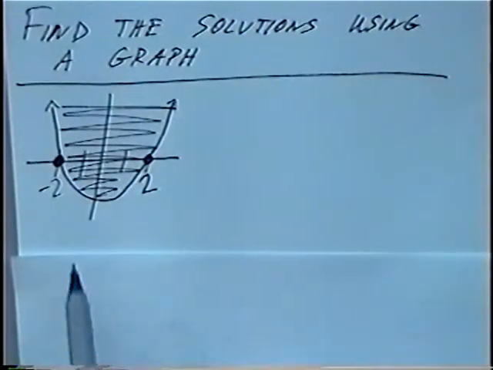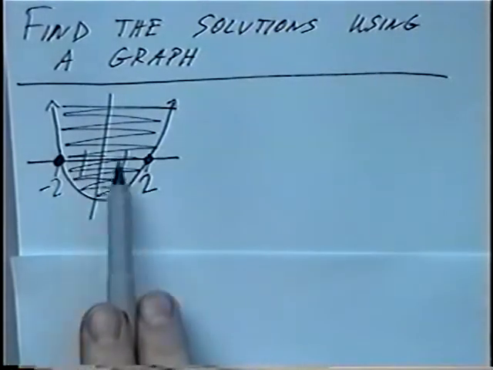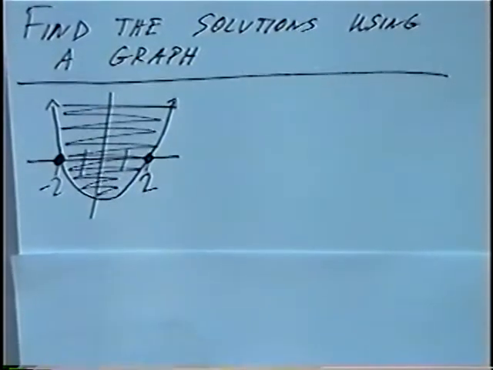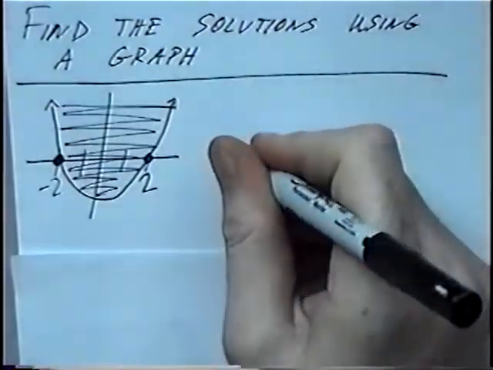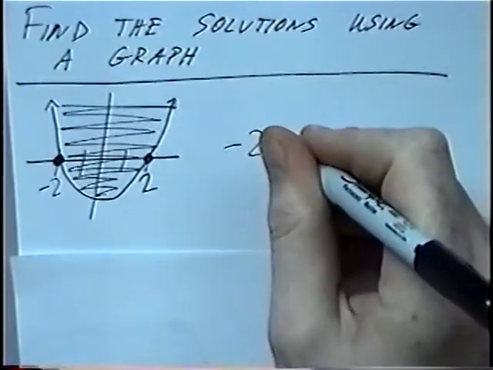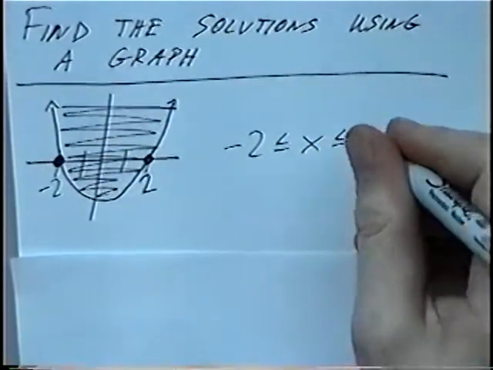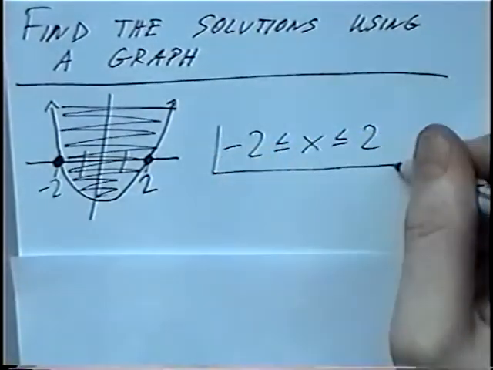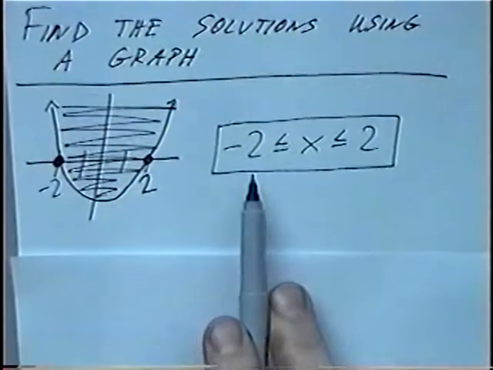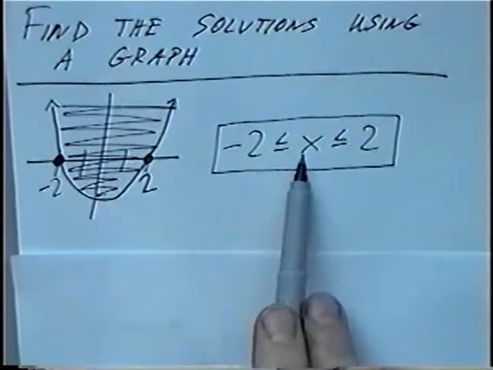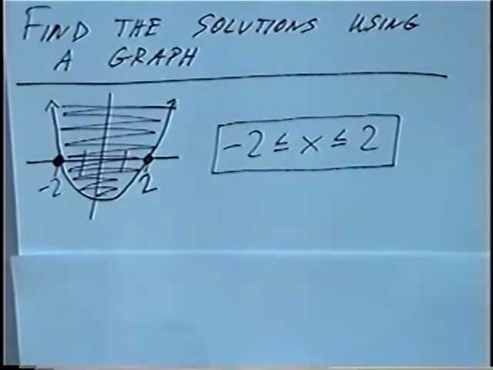Since the graph is shaded between the 2 points, our answers will be everything between negative 2 and positive 2, which you can write as negative 2 is less than or equal to x is less than or equal to positive 2. So including the points negative 2 and positive 2, all the numbers in between are also solutions to the graph.